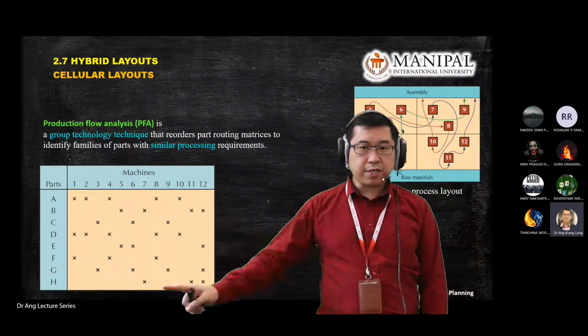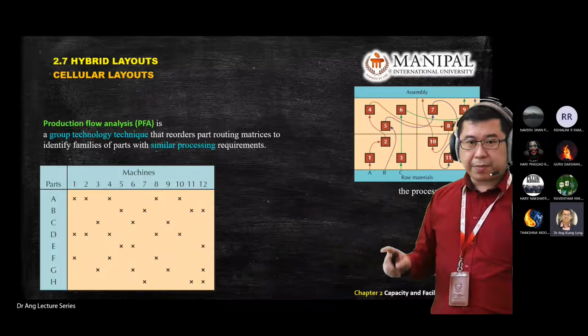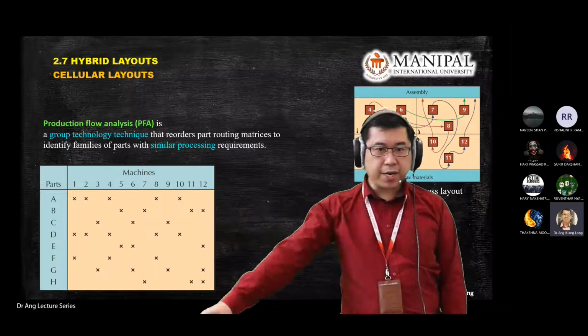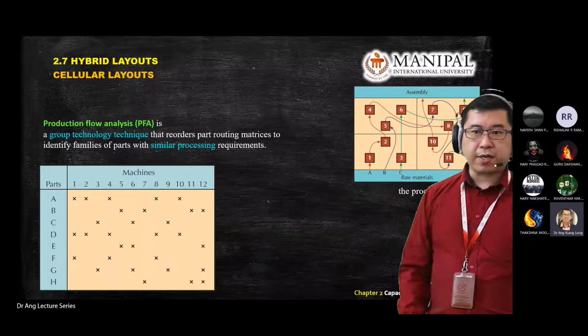And throughout this matrix, you know that besides A, B, C, the process produces up to H parts.